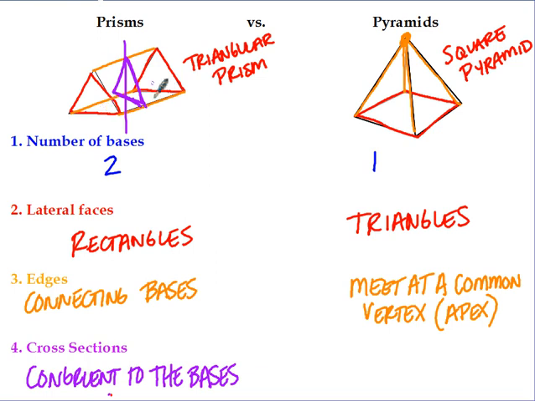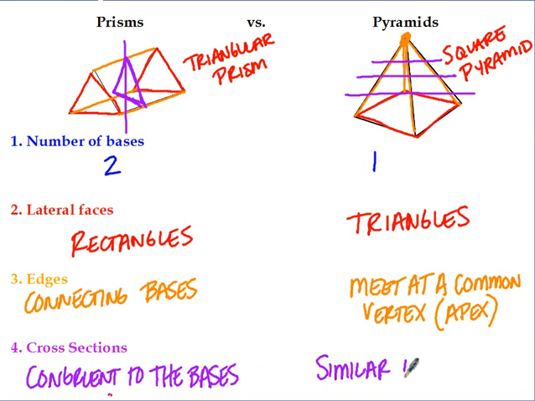However, if I would cut here on a pyramid, they're all going to be squares. Like if I would cut the top off here, it would be a square, but it's not going to be the same size. Instead, this is going to be similar, which we already talked about similarity, but it's going to be similar to the base.